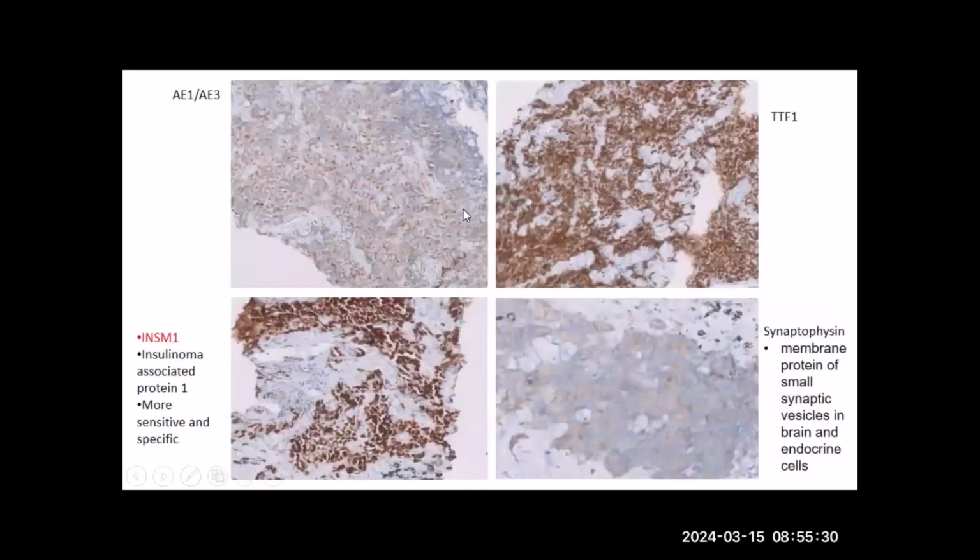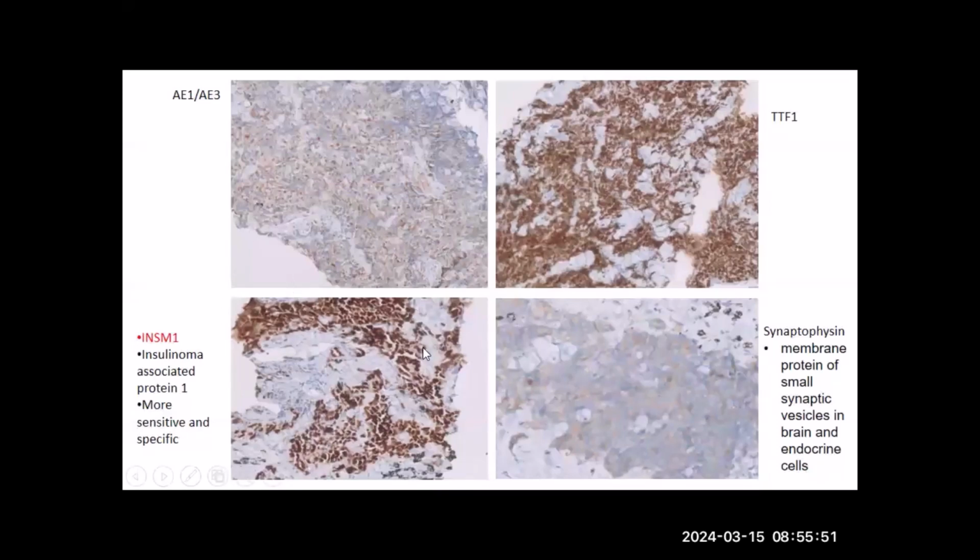So this is one of our cases. It is showing weak AE1/AE3. AE1/AE3 is a cytokeratin cocktail, so there is some epithelial differentiation. TTF1 is positive in most of the cases, irrespective of the site of the tumor.